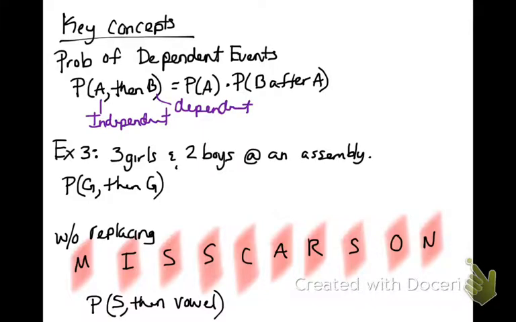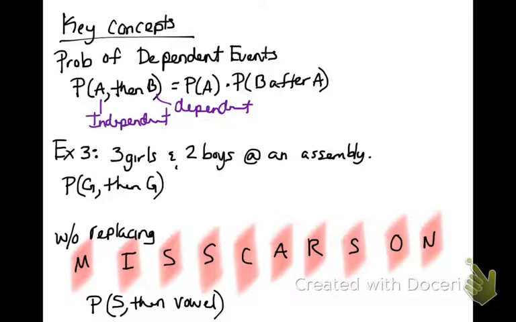So if I look at it, you're also multiplying them, but the probability of A will be just fine, but with the probability of B after A, it means I took something out of the situation and you have a new amount of numbers. So if I look at it, I have example 3.